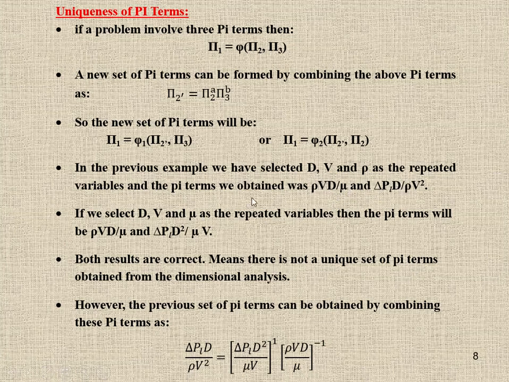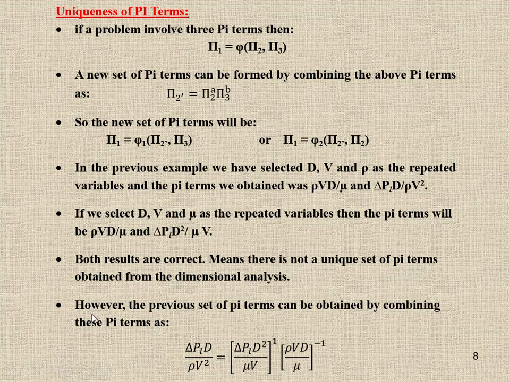If you change the setup, you might get a different combination, but the net output would be the same. So this is the uniqueness of the pi terms obtained from dimensional analysis.